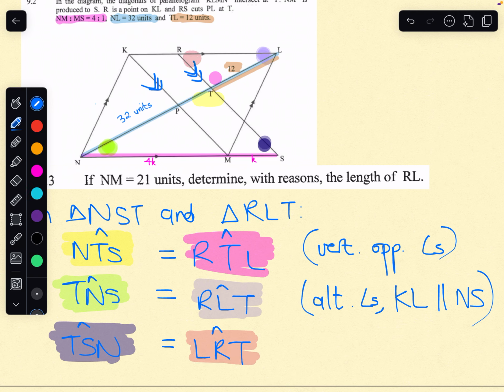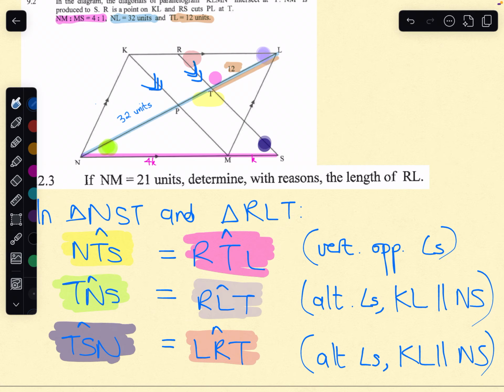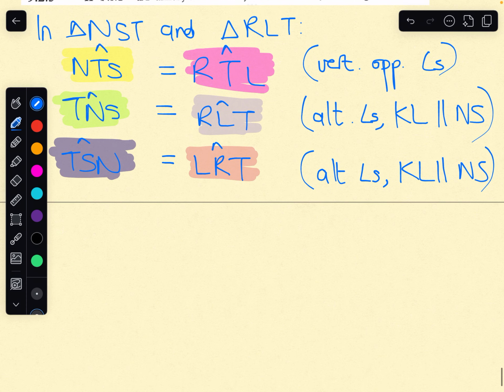And the reason you can say alternate angles again, KL parallel to NS, or you can say third angle of a triangle. Perfect. So now we can make our similarity statement. So this tells us that triangle TNS is similar to triangle TLR.